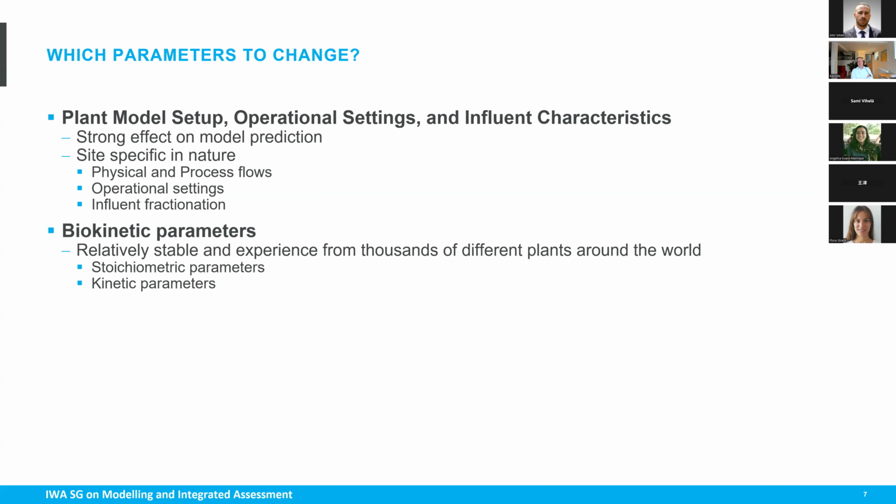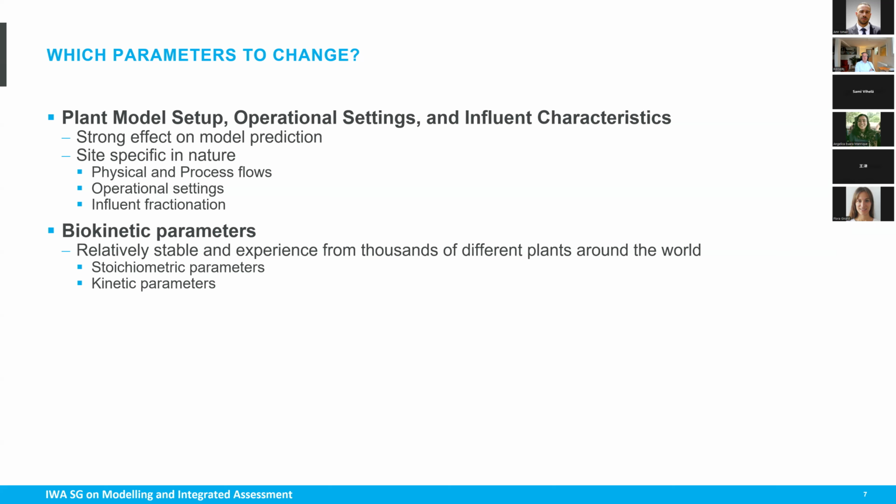And any indication of the model not fitting your observations, that is where you should start first before you touch any biokinetic parameters. So plant model setup, operational settings, and influent characteristics, they all have a very strong effect on model predictions. And a lot of them are site-specific in nature.